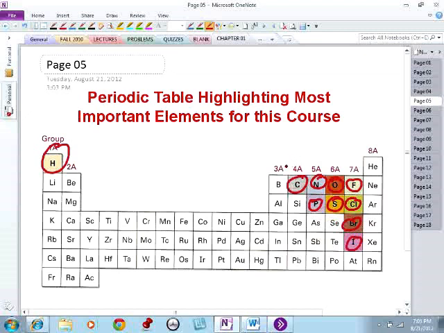Those are the major elements or atoms that we are going to find in most of the molecules of interest to us during this semester. We need to know their electronic configuration, their valence electrons, their valence shells, all of those things. As far as you are concerned, those are the most important elements.